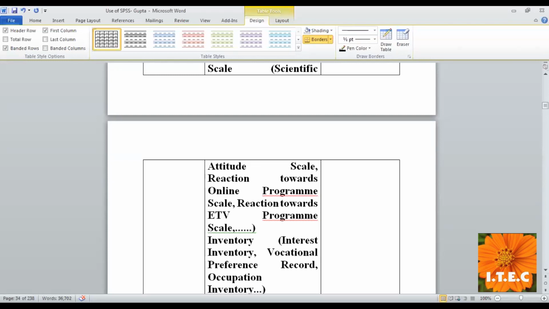And why cannot it be standardized? Because you get the qualitative information. And for standardization, you require the quantitative information. So that is the thing that you should understand.